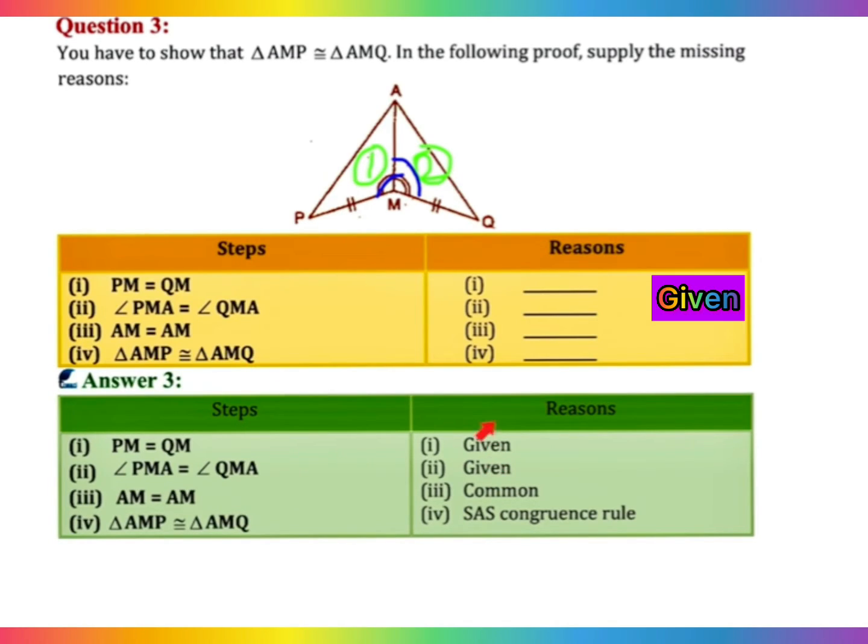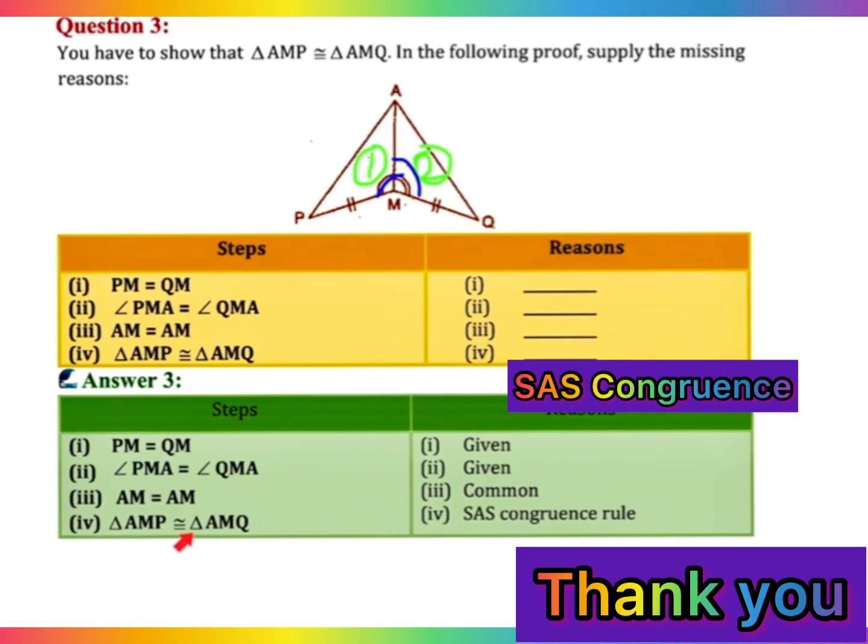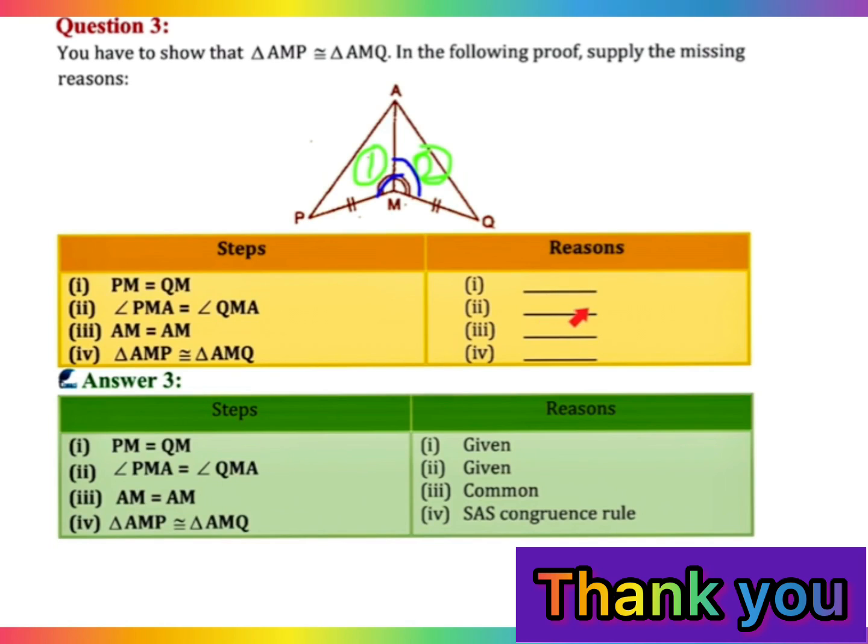You can say that this side and this side are given, and between these two sides this angle is also given, meaning this angle is known as the included angle. So side angle side, by the SAS congruency rule, these two triangles are congruent. So you will write here SAS congruency rule: here given, here also given, here common, and after that SAS congruency.